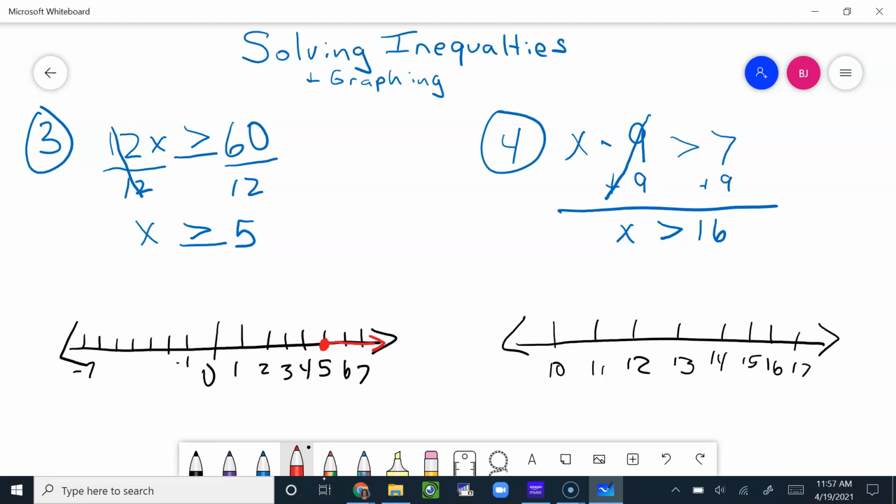Because it's just greater than, I'd have an open circle. And would I go to the right or to the left? I would go to the right. That is correct.